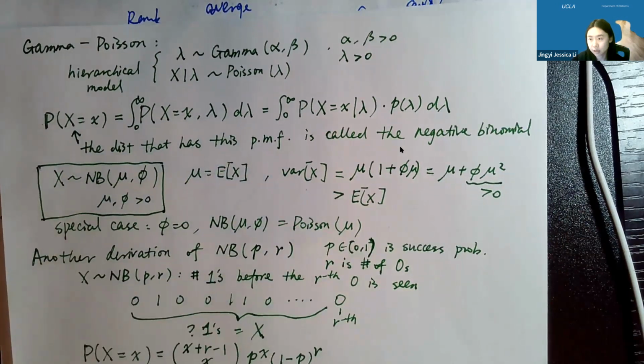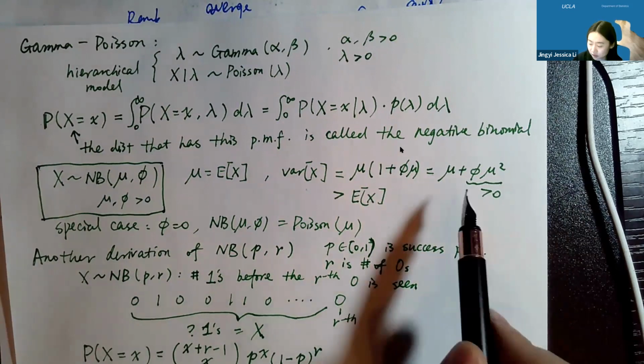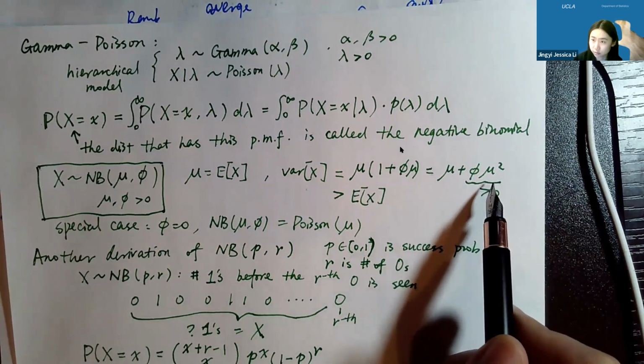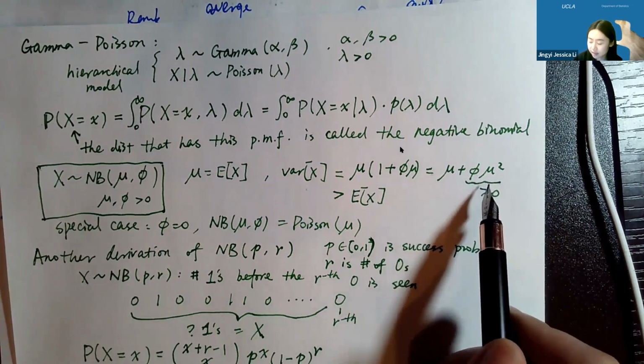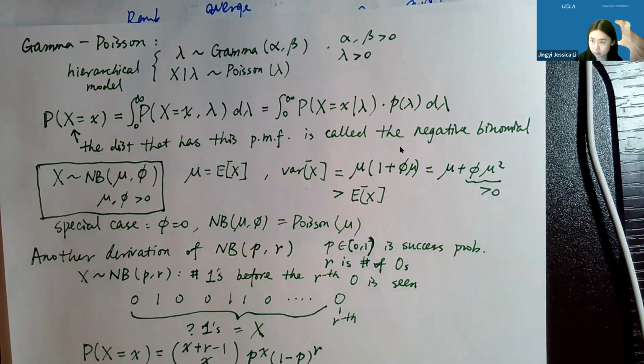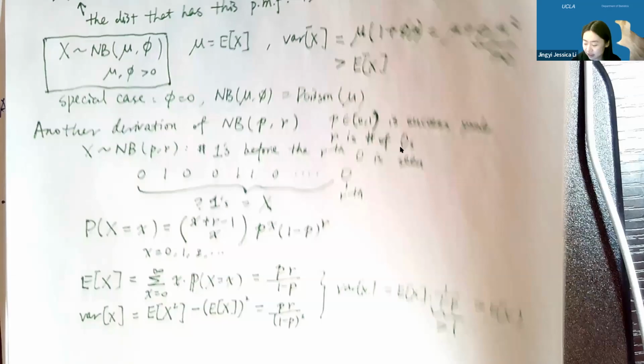Mu is the mean, phi is the dispersion parameter, and dispersion adds to the variance in this way: it's a factor that multiplies the mean squared. So the larger the phi, the larger the overdispersion. This is something we use a lot for modeling count data.